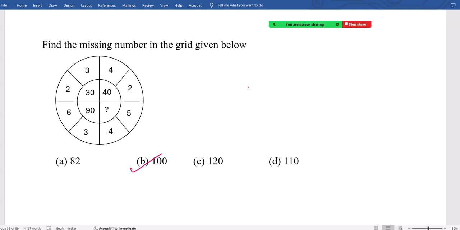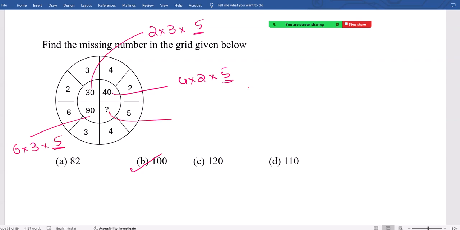Hundred, right? This is 2 into 3 with an extra 5 multiplication. This is 4 into 2 with an extra 5 multiplication. This is 6 into 3, 18, extra 5. This is 5 into 4, extra 5 required. Product of that additionally 5 multiplication. So 2 into 3 into 5, 4 into 2 into 5, 5 into 4 into 5. This is 6 into 3 into 5 likewise. Answer 100 is correct.